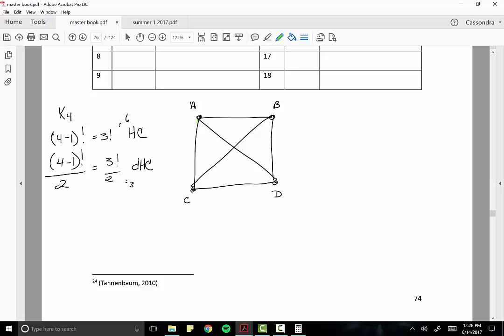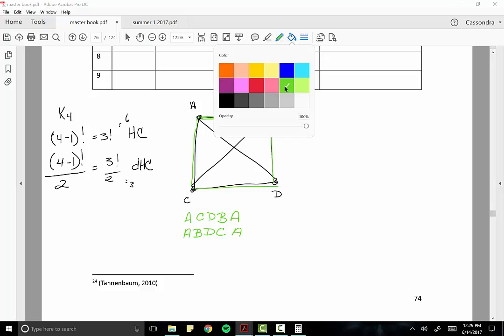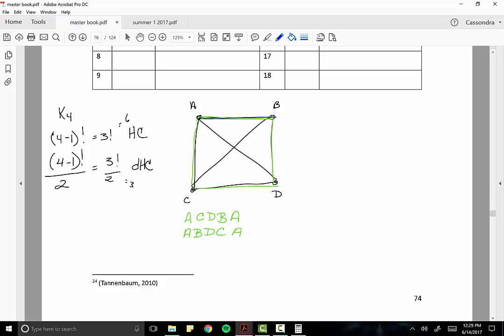So if I was going to find the Hamilton cycle A, C, D, B, A, I could also say that there's a Hamilton cycle A, B, D, C, A. These are the same cycle.